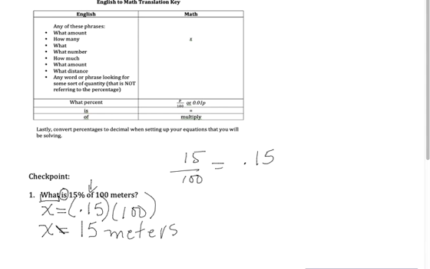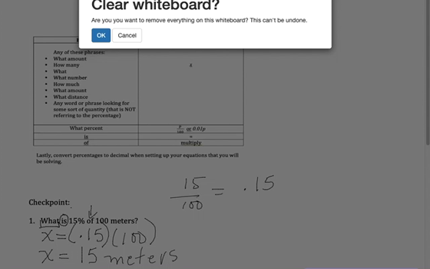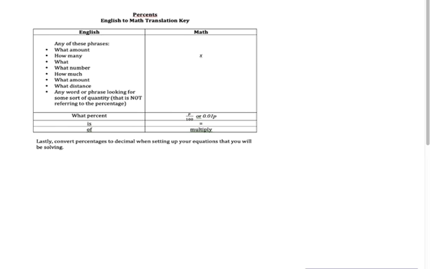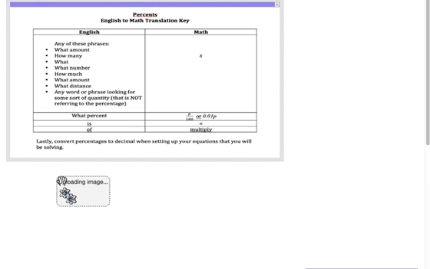Okay, next number of the checkpoint, number 2.